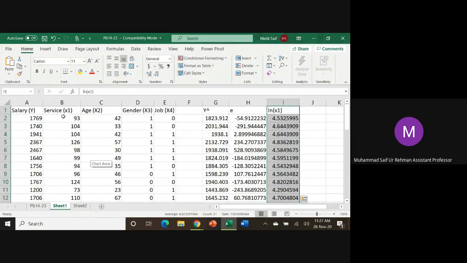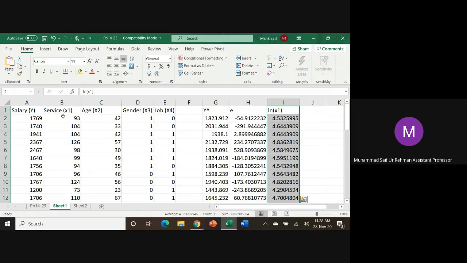Age is in years, fine. So the different units are there. So what is the benefit of taking log? The benefit of taking log is that we make the series unit free. If you want to make the series unit free, better would be if you take log of that series.